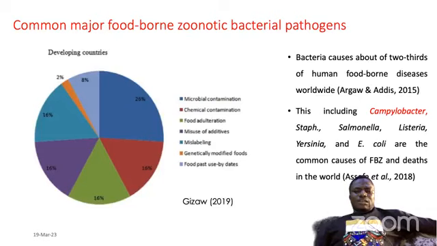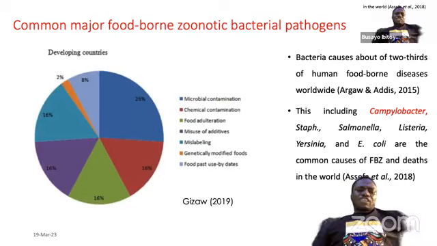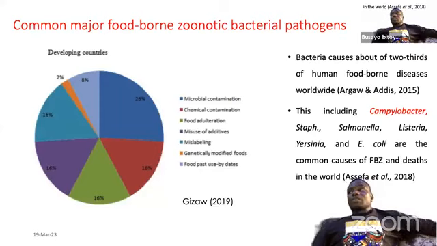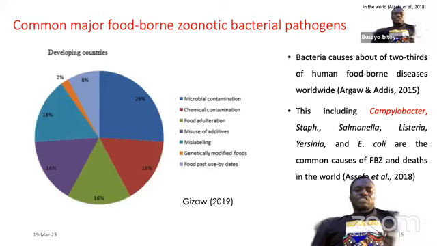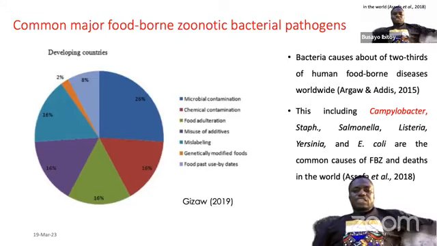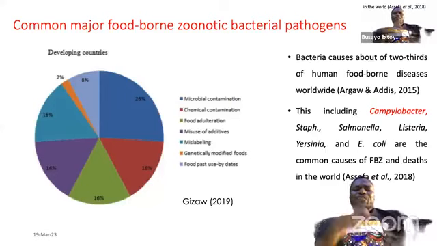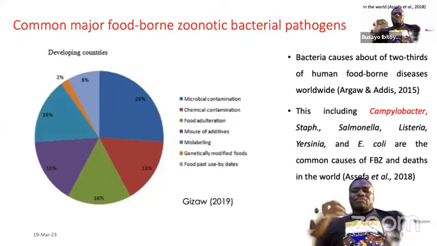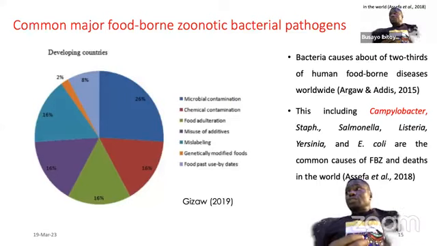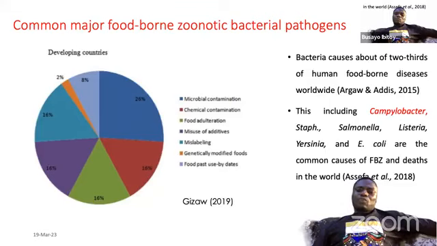No problem. So microbial contamination ranked top among the various contaminations that make up food safety issues in developing countries, Nigeria inclusive. We have many bacteria that cause food safety issues worldwide.